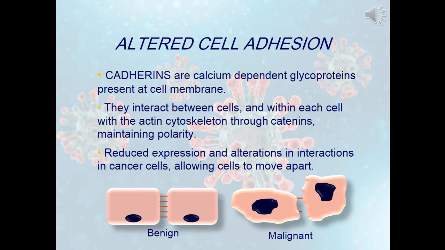Cadherins are calcium-dependent glycoproteins present at the cell membrane. They interact between the cells, and also within each cell with the actin cytoskeleton through catenins. In this way, they maintain the adherence between the cells and the polarity of the normal cells.